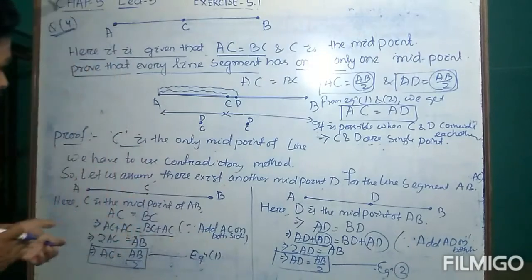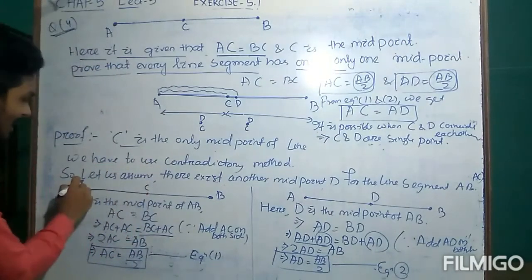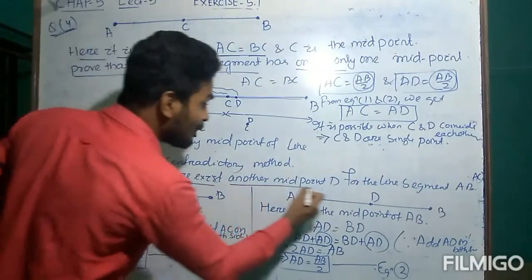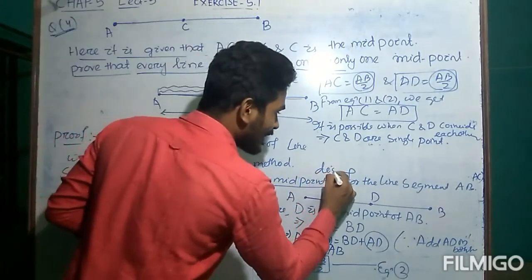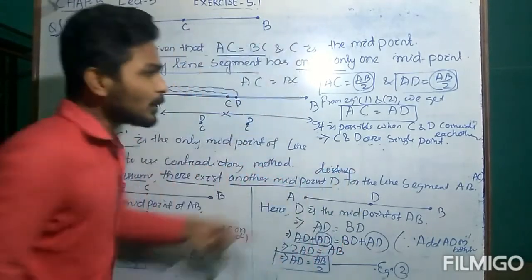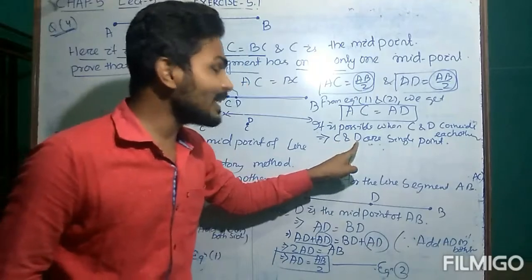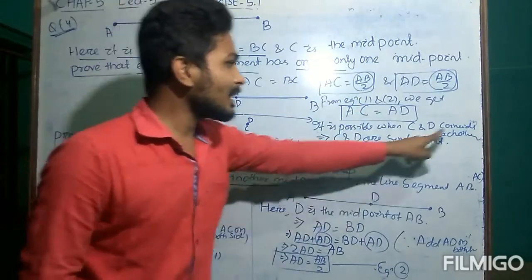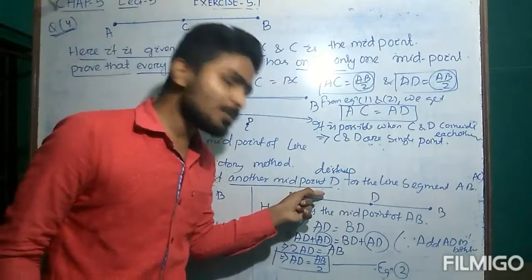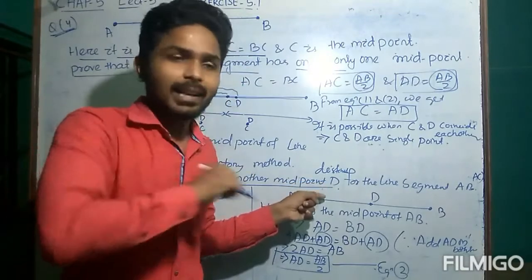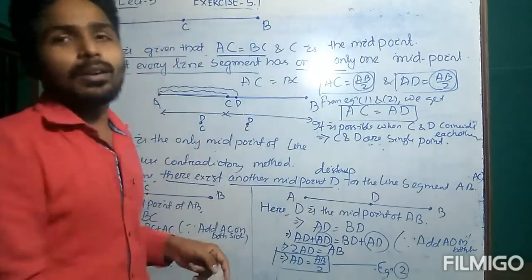But what you have assumed is that there exists another midpoint D, a distinct point. But what you get here is that C and D are not distinct, they coincide each other. It means the assumption that you have taken earlier is proven wrong.